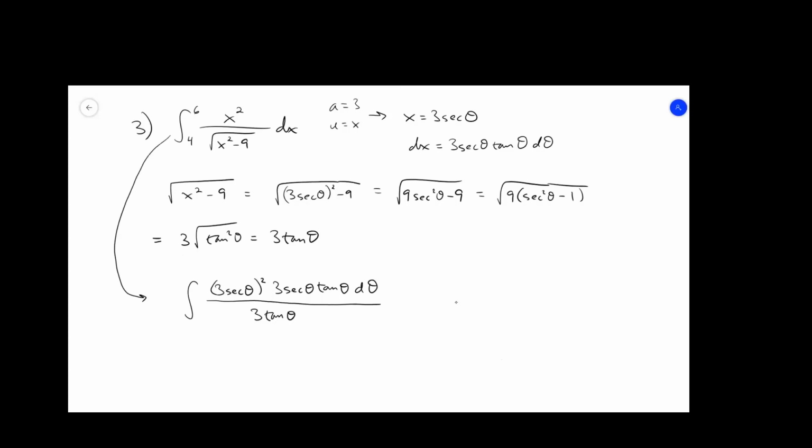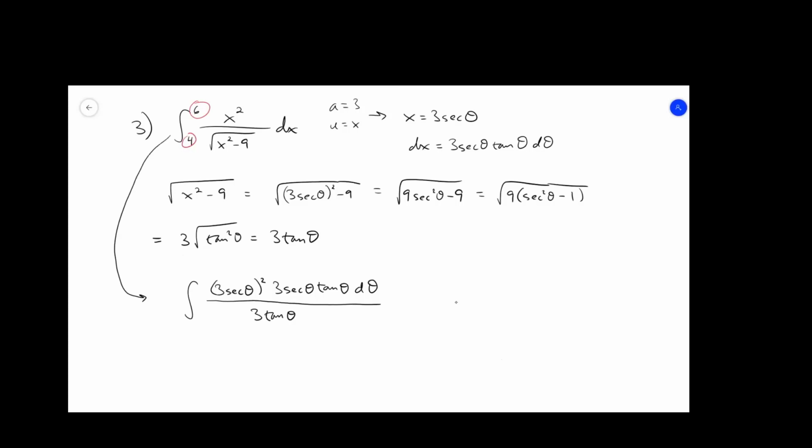Okay, now this is the part where we have to decide what those bounds are going to become. What is the 4 and the 6 going to become? If you remember with a regular substitution, the way you decide what the bounds are is you plug them into the substitution that you made. In a regular substitution, these are x values and they become u values, by plugging those x values into the substitution itself.